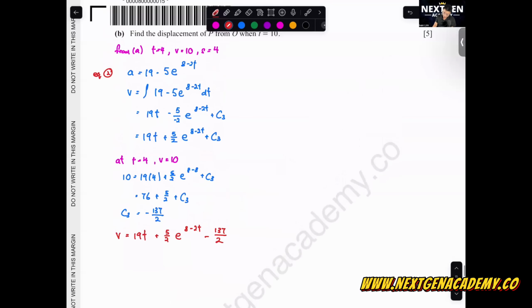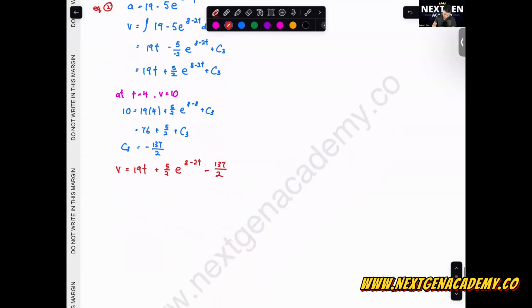Now that we have v already, let's find what s is. We are going to integrate it to find s. So s is the integral of v, which is 19t plus 5 over 2 e^(8 minus 2t) minus 137 over 2 dt.